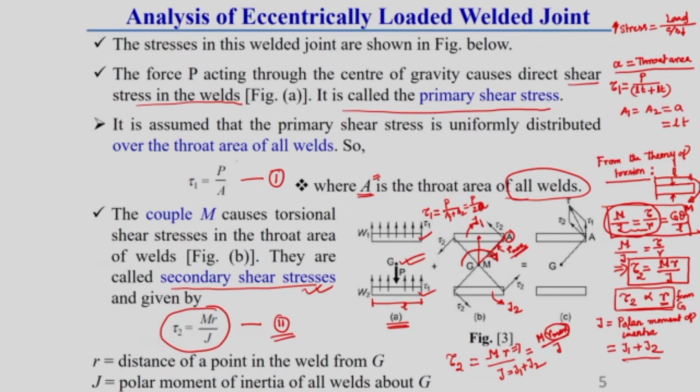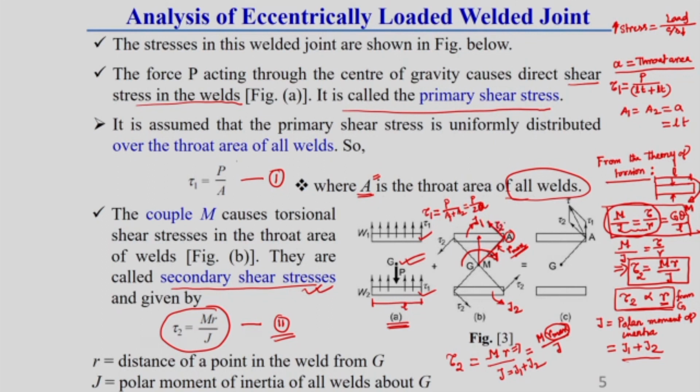Now, what should be the direction of this tau 2? The direction of this tau 2 should always be tangent to this twisting or rotational couple, you can say. In this farthest distance, if you draw a straight line from G to A, perpendicular to that will be the direction of tau 2.